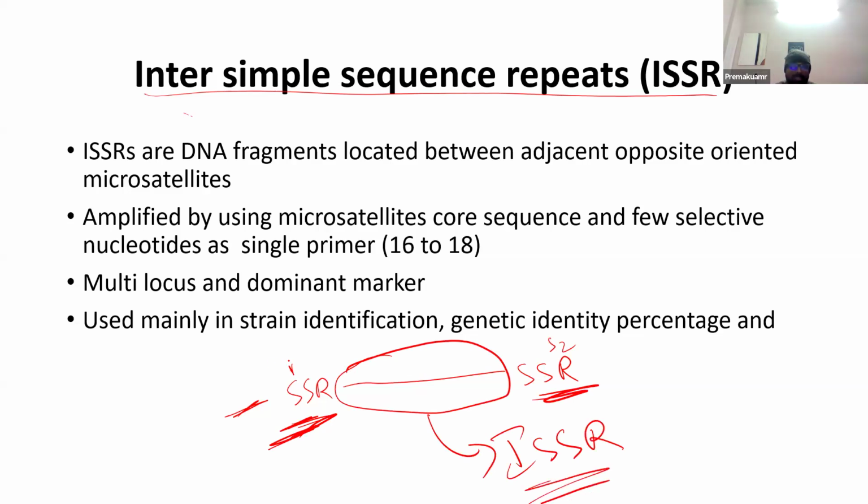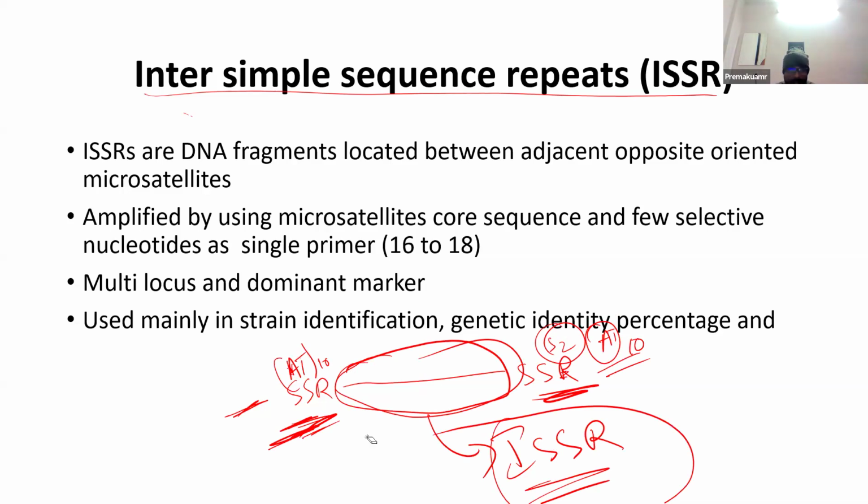For example, here AT is repeated 10 times, and here AT is repeated 10 times. The region between the two SSR markers is called an ISSR marker.